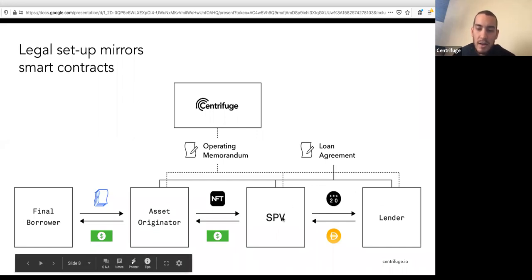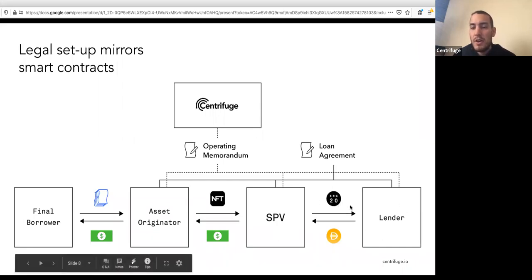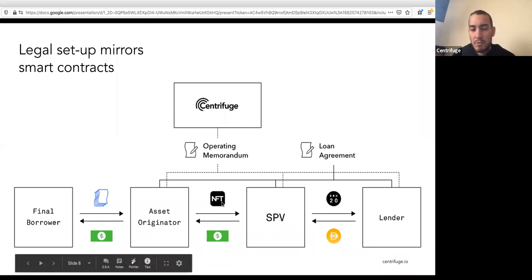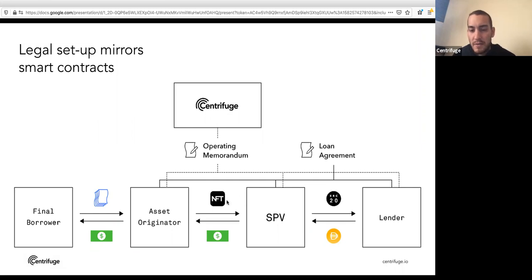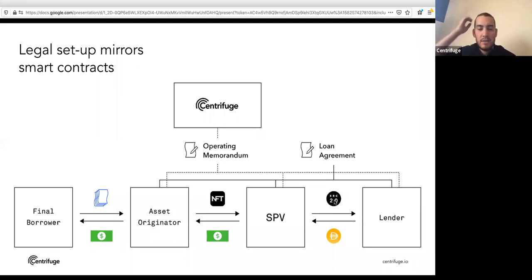On the other side, the SPV has a loan agreement with the lenders, where the lender now has a claim on the balance sheet of this SPV. So the NFTs, the assets that are transferred into this SPV, are now used to repay any debt that is represented by these ERC20 tokens.